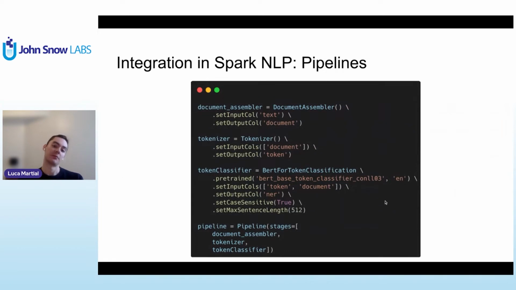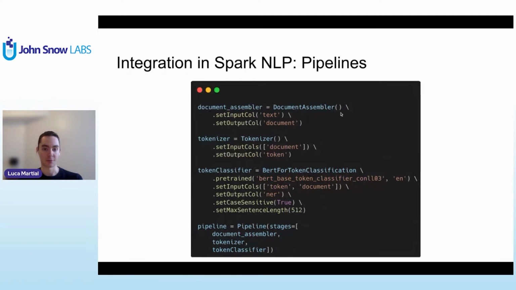So to understand how these models, BERT for token classification and BERT for sequence classification, are used in Spark NLP, we'll have to go through the way that the library is used. And over here you can see the core component of the library: you have these components which are assembled into a Spark pipeline.